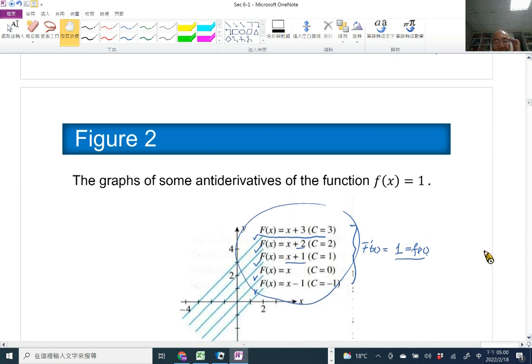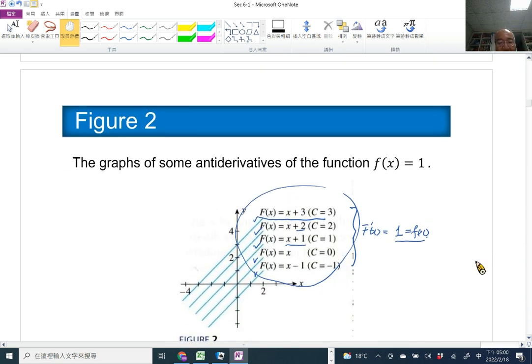So let's take a look at the previous example with even more different constants c. In this figure, you can see we have constant c equal to -1, 0, 1, 2, 3. And if you plot them, we see those functions represent lines in a coordinate plane, and these lines are parallel to each other and share the same slope, because the slope is the derivative for these five functions.